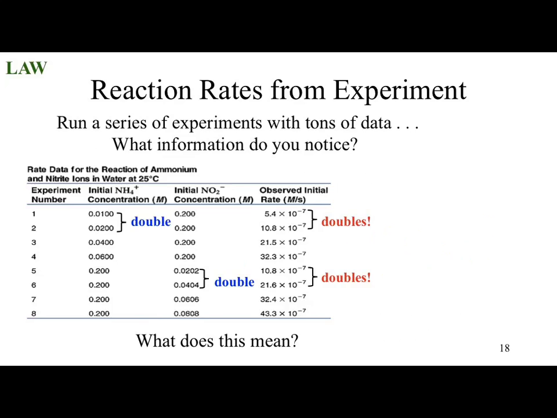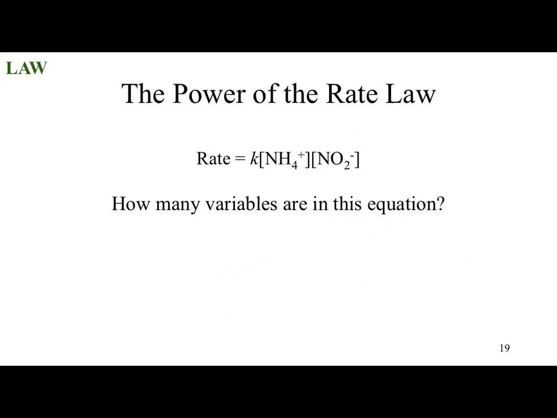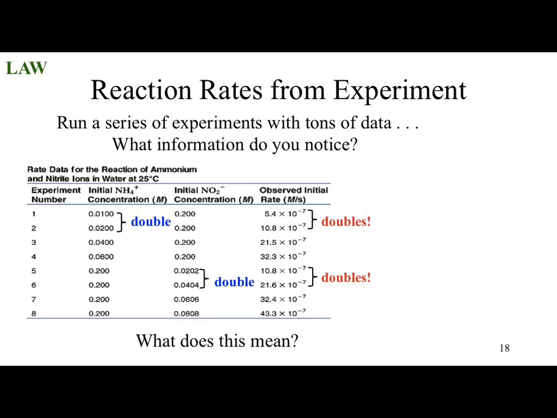Let's see, did I actually write it out? Nope, I didn't. Oh, yeah, I did. We now get a rate expression where our rate is dependent on the concentration of ammonia and nitrite. Okay, 1-for-1 relationship. We see a direct comparison. Oh, you don't necessarily know that. Let me work with you on that.